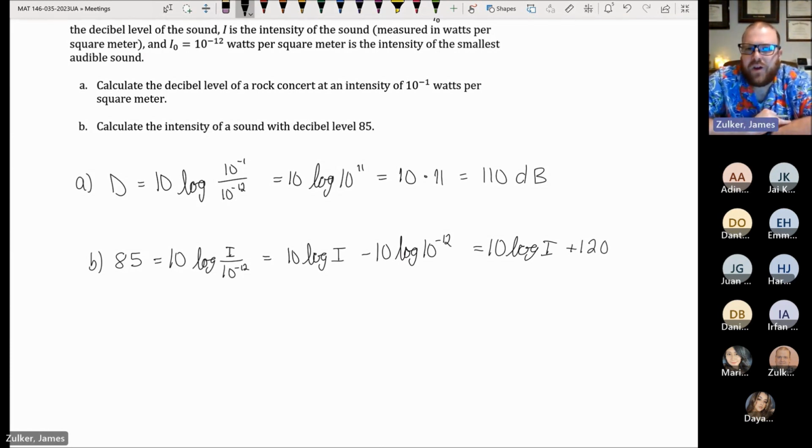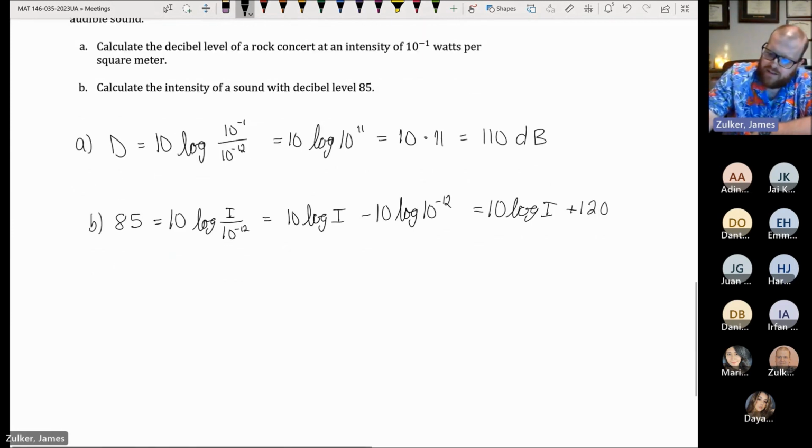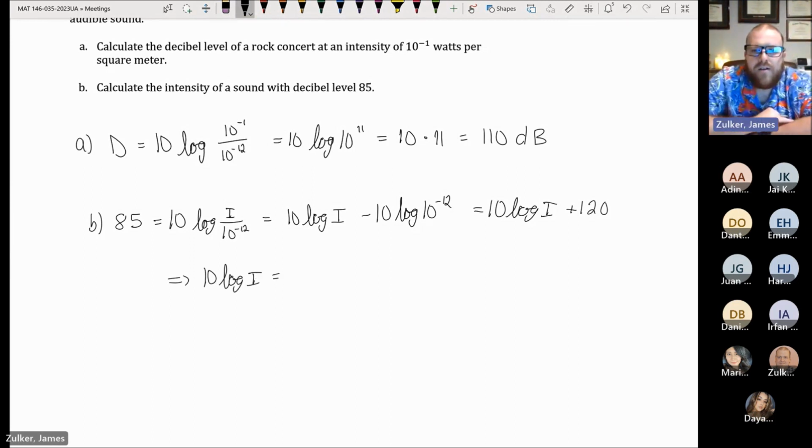Right, log of 10 to the minus 12 is negative 12, right? And then negative 12 times negative 10 is 120. Which makes 10 log I equal to 85 minus 120, which is negative 35.